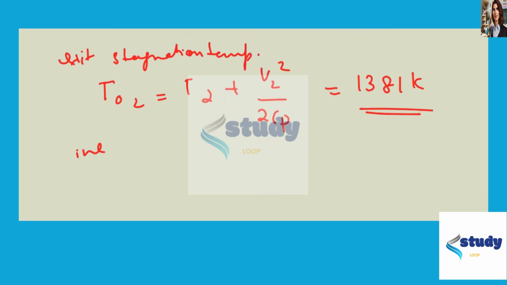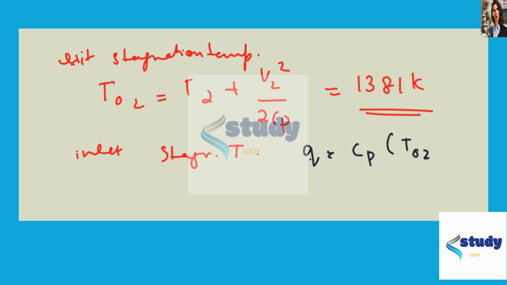Now the inlet stagnation temperature that we have to find out is from the energy equation, and the energy equation tells us that Q equals Cp into T02 minus T01.